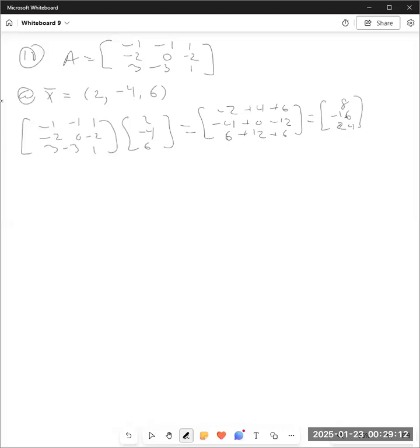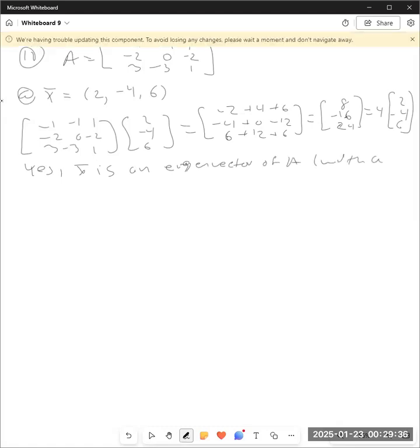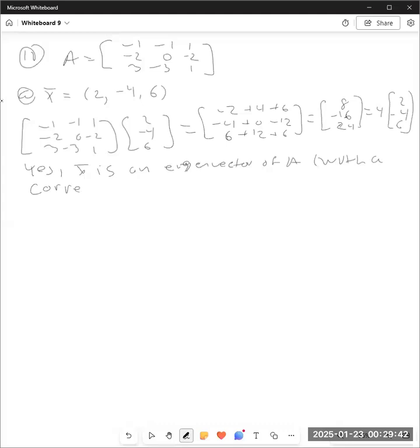And if I try to pull out a 4 here, it gives me 2, -4, 6. So yes, x bar is an eigenvector of A with a corresponding eigenvalue of 4.